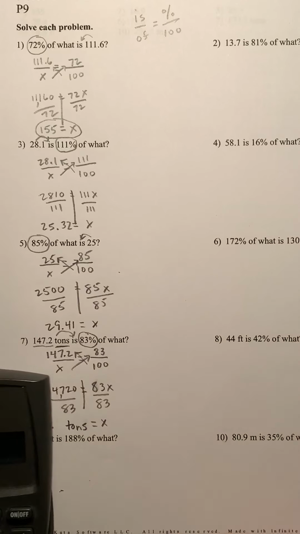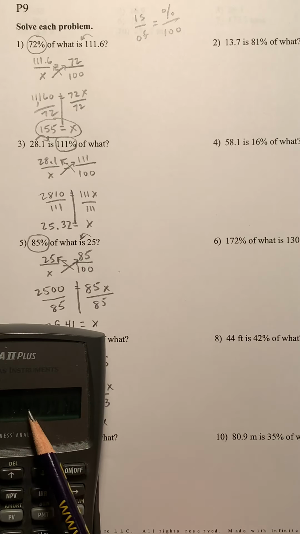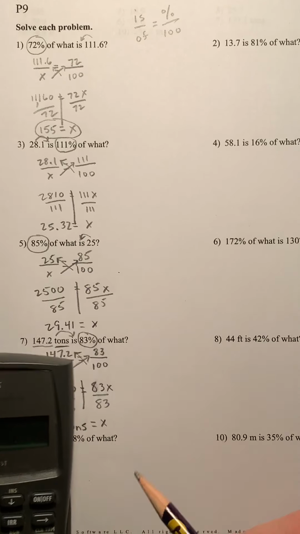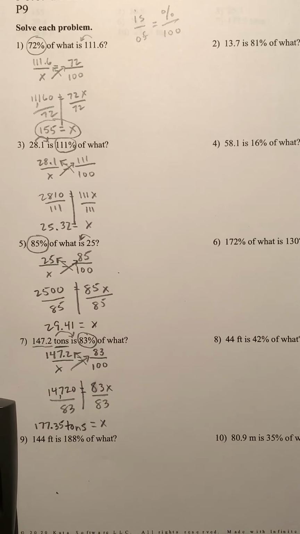Point. Now you can round to 1 decimal place. You could put a 3. Call it good because the 4 after it would leave it at 3. I like to round to 2 decimal places, so I'm going to round where the 4 is. The number following it is a 9, so I have to round the 4 up. So I'm going to say 3, 5. 4 becomes a 5.